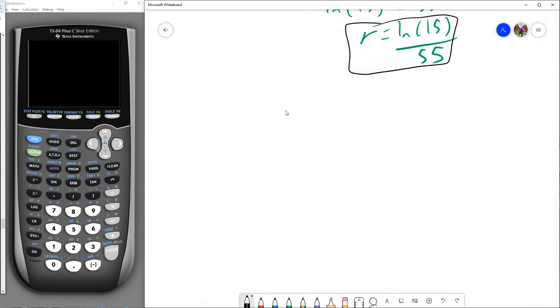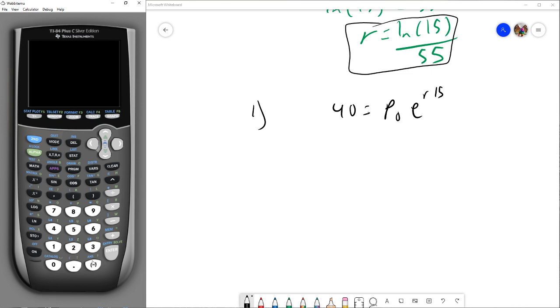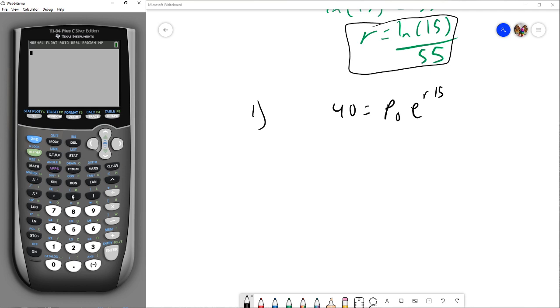So we have 40 is equal to P naught e to the r times 15. We know what r is, so I'm not going to write it out, because it's a little bit to write out. I'm just going to make a note in my calculator what it is.